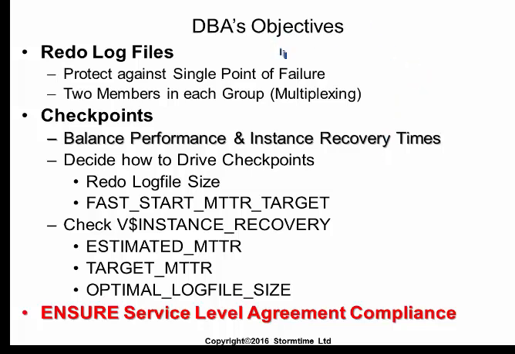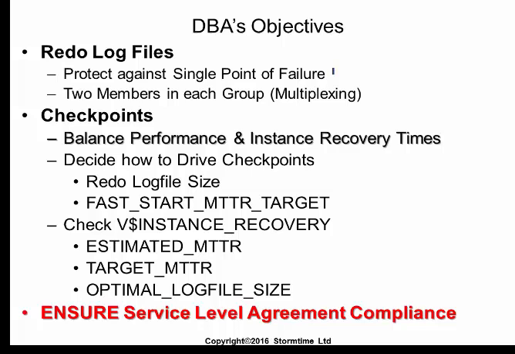So what are the DBA's objectives? Well, from the redo log file point of view, we've got to protect against a single point of failure. When a transaction commits, the guarantee is it's written a fast commit marker to the online redo logs, and that enables Oracle to recover it, roll it forward. It's got the information in the redo.